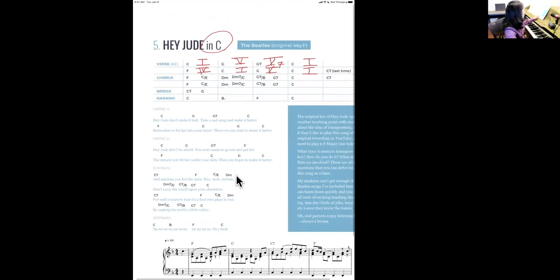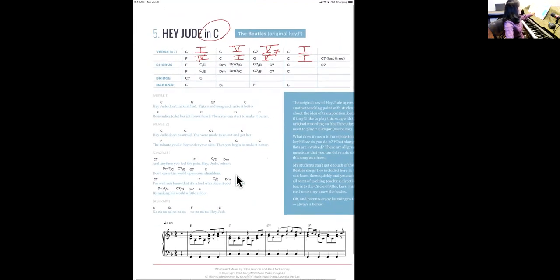So I will show you what to do. So when you see C, the easiest thing you can do is just play C for 4 beats. 1, 2, 3, 4. If I show you from the top of the piano, is that easier? You think?